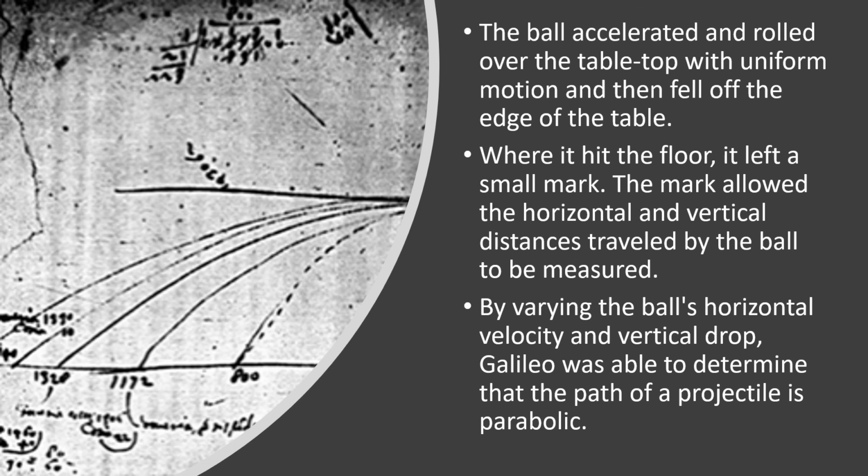By varying the horizontal velocity and the vertical drop of the ball, he was able to determine that the path is always a parabola shape. You're going to see that later on in the different activities, simulation, lab, however you want to describe it.